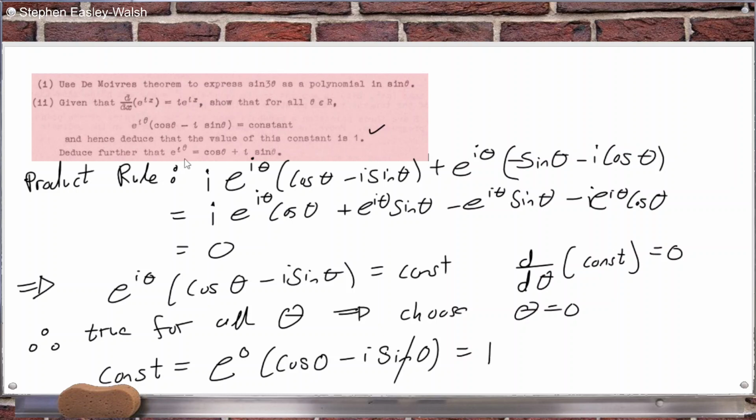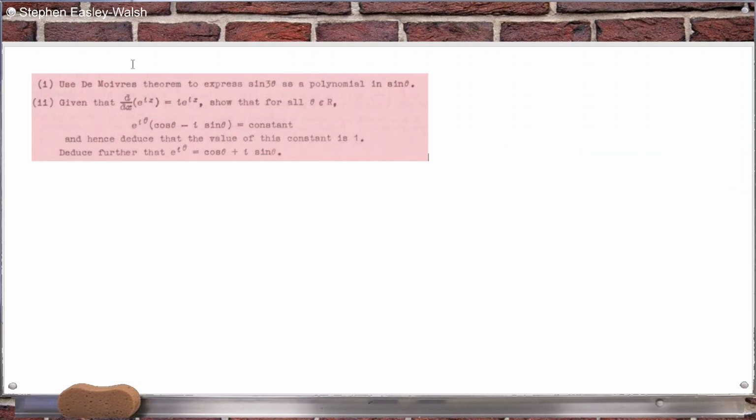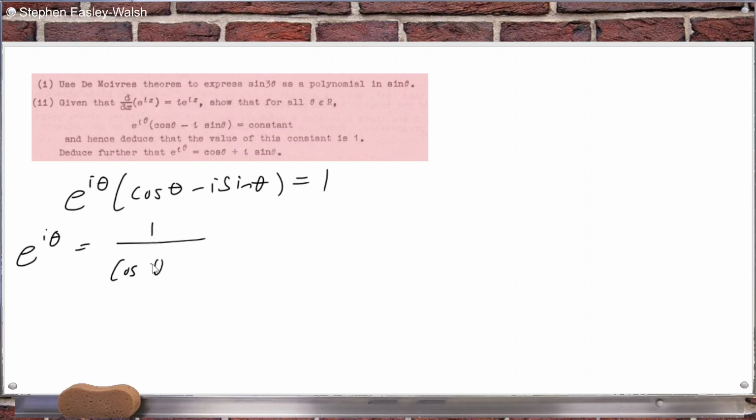So now we have to arrive at the formula e^(i theta) equals cos theta plus i sine theta, and we can use the fact that e^(i theta) times cos theta minus i sine theta is equal to 1. So that means e^(i theta) is equal to 1 over cos theta minus i sine theta.